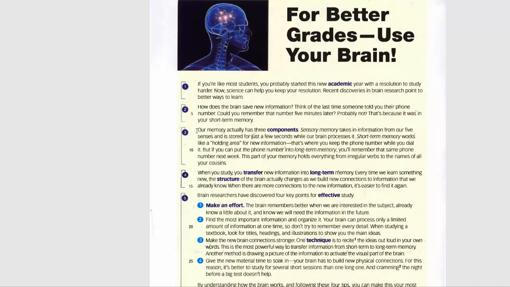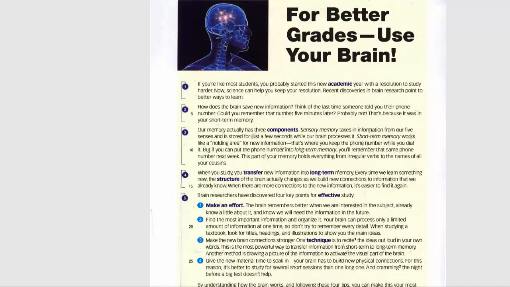Our memory actually has three components. Sensory memory takes in information from our five senses and is stored for just a few seconds while our brain processes it. Short-term memory works like a holding area for new information. That's where you keep the phone number while you dial it.